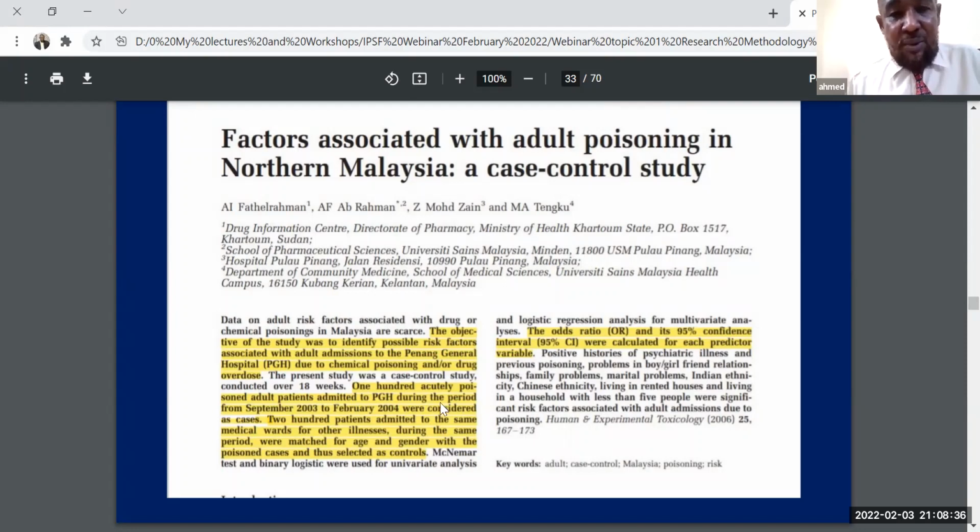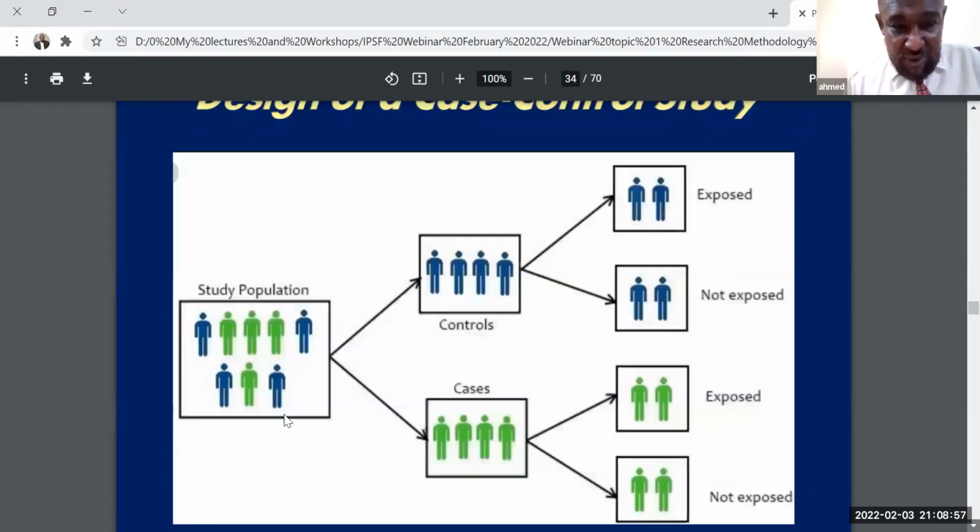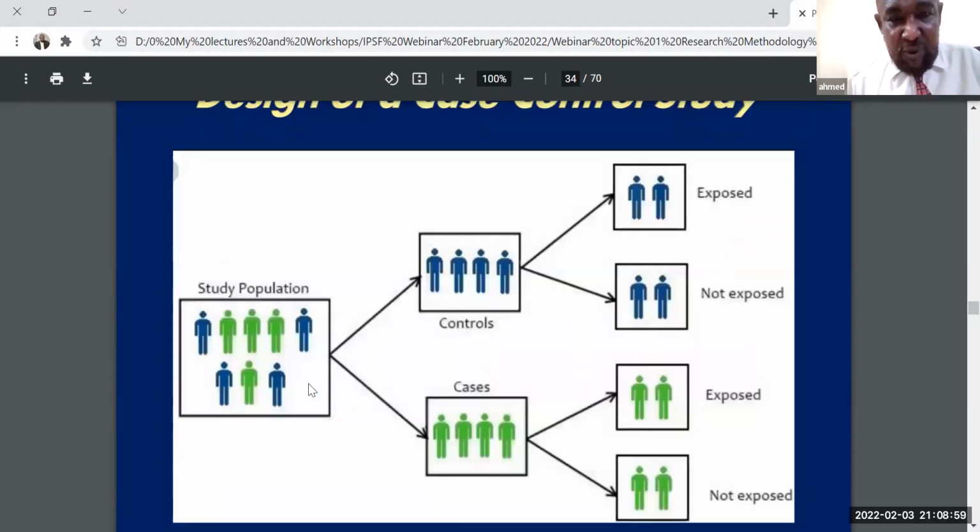We were seeing how likely certain exposures, demographic or social factors, are more available among cases than among the control group. So these will be risk factors. To remind you about the design of case control, we have a study population, we select our controls and our cases, and then we look back to see the proportion of exposure among cases and among controls.